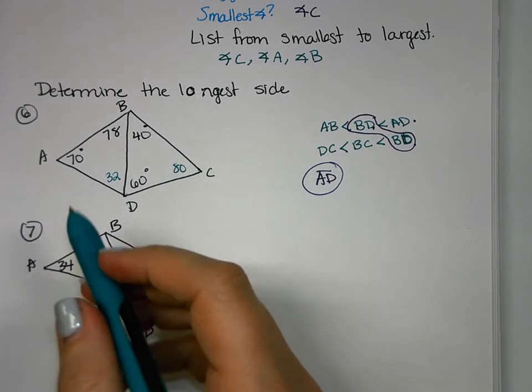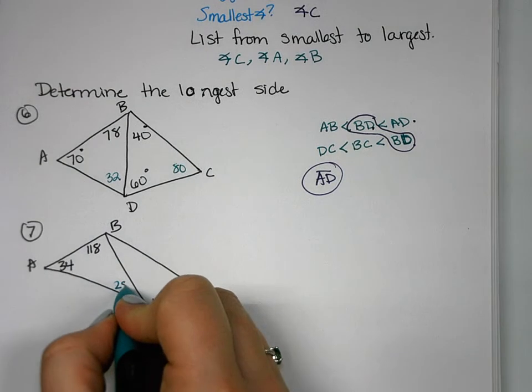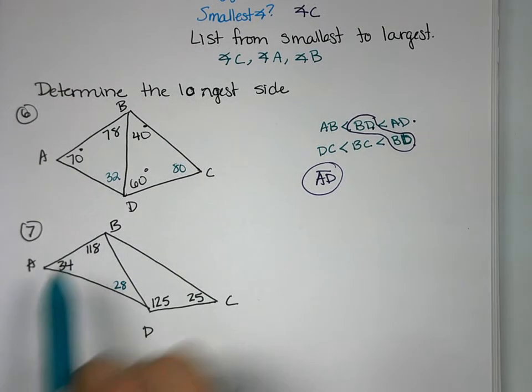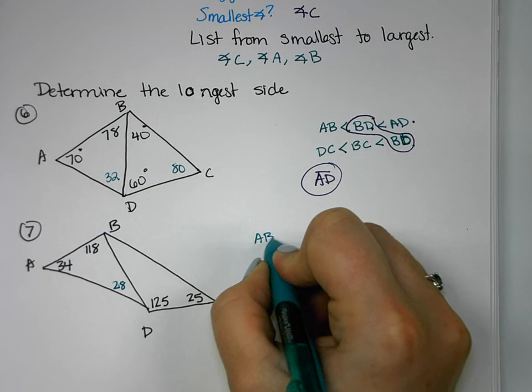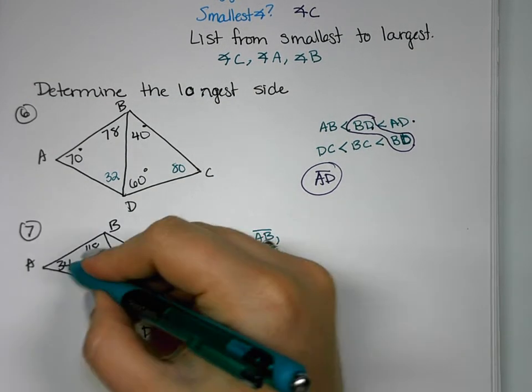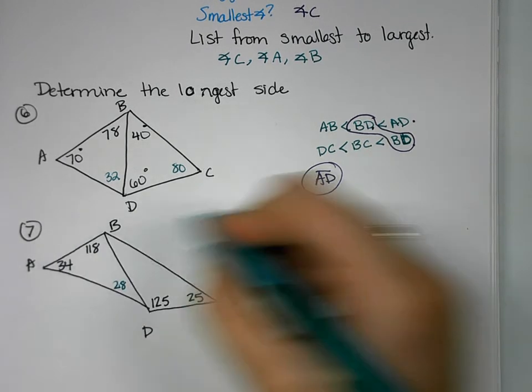So when I add these two together and subtract from 180, I get that this is 28. So for this triangle over here, my smallest side is AB, then my next smallest would be BD, and then AD would be my largest.